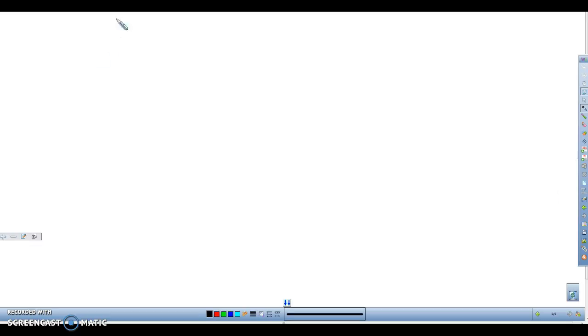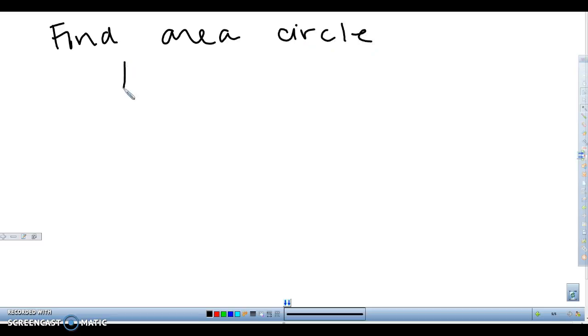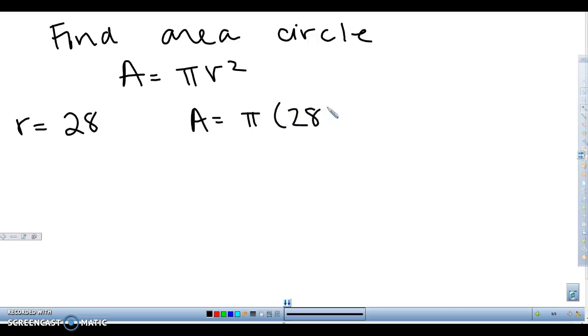We can also use this plug-in technique in a more practical way. Say if we wanted to find the area of something, like a circle. We know the formula for the area of a circle is A equals pi r squared. And let's say we let r, or the radius, equal 28. I'm going to go ahead and plug that in. 28 squared is 28 times 28.